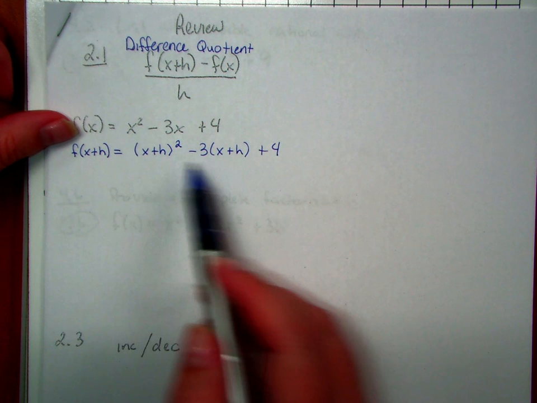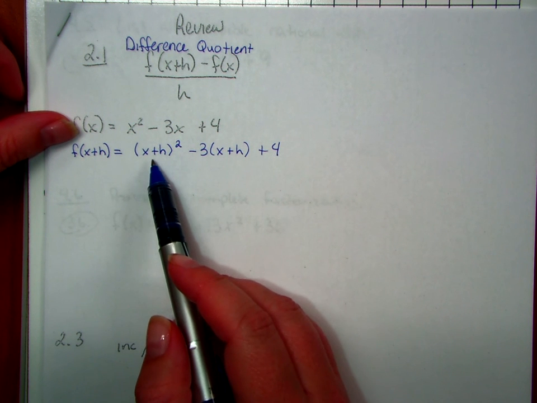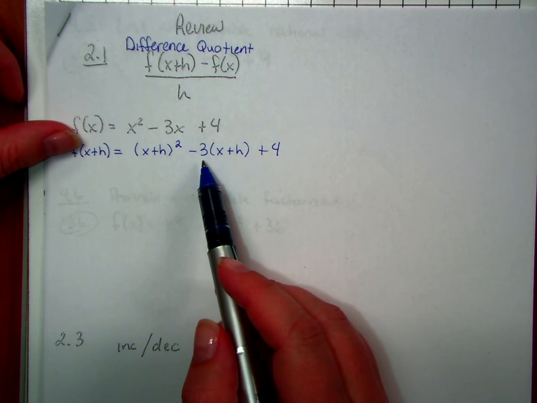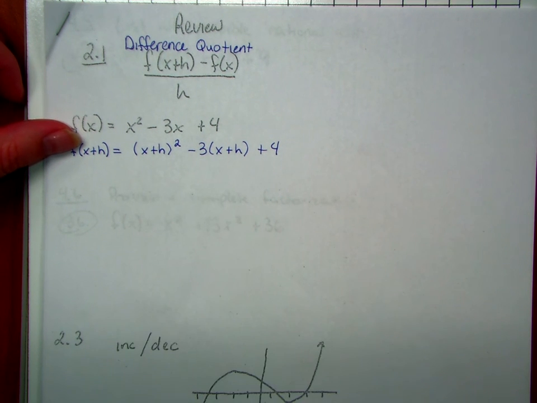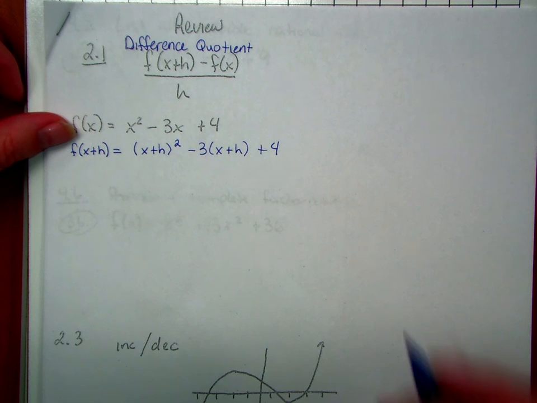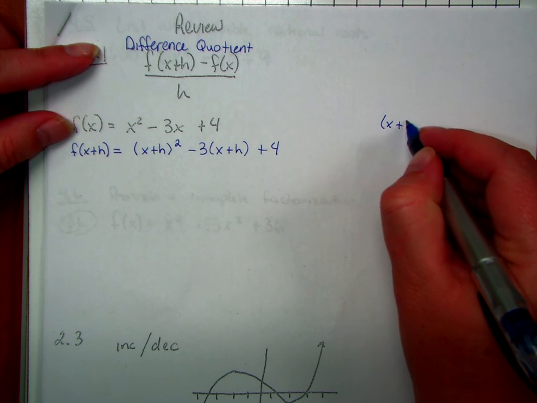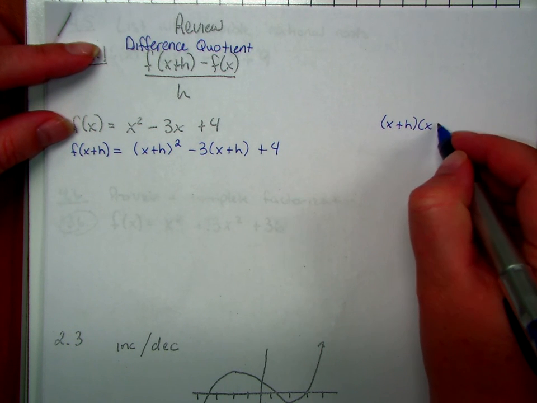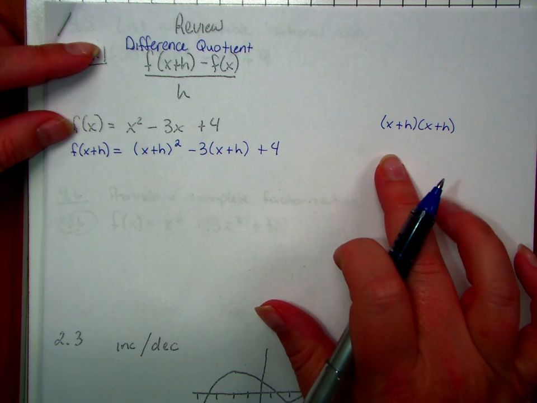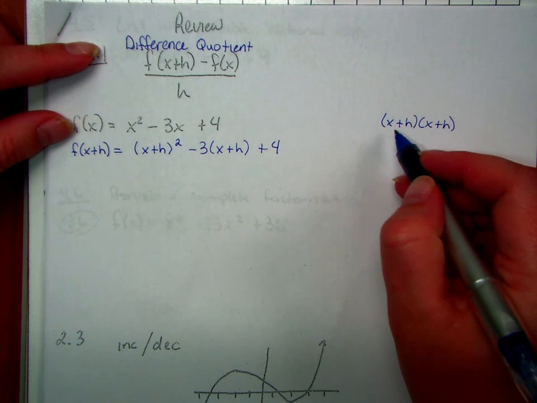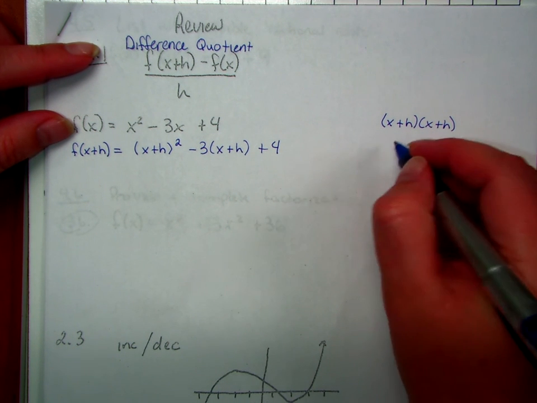So now I need to simplify this. All right, I need to square x plus h. I need to distribute the negative 3 and then add 4 to the result. So over here on the side, I'm going to go ahead and square x plus h, which means we need to do x plus h times x plus h. So I am going to FOIL this, right?